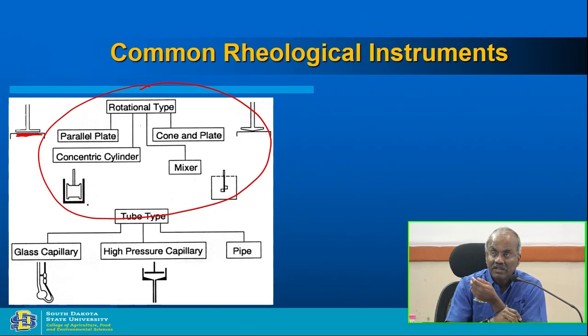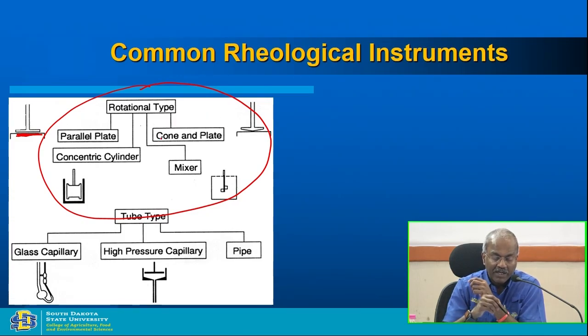At least you will be able to monitor this on Friday when we do the concentric cylinder configuration and try to measure the viscosity of fluids. That is the plan for Friday morning.